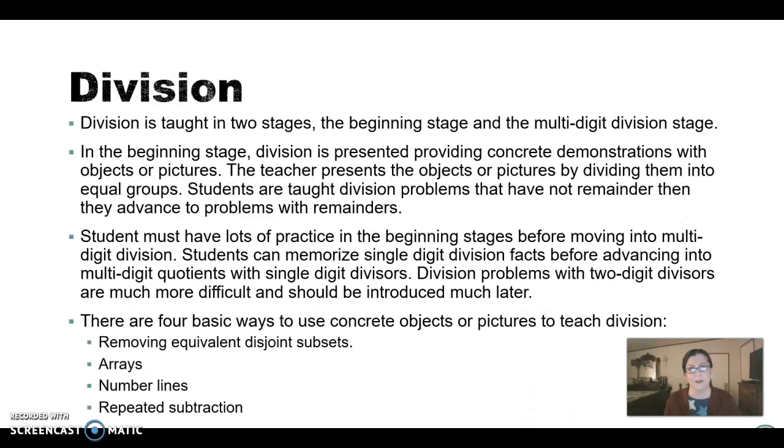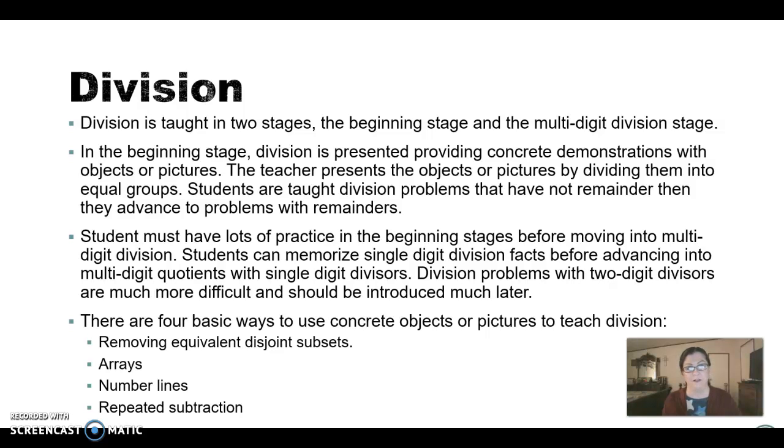For division, it is taught in 2 stages as well: the beginning stage and then the multi-digit division stage. In the beginning stage, division is presented providing concrete demonstrations with objects or pictures, and then the teacher presents the objects or pictures by dividing them into equal groups. Students are taught division problems that have no remainder in the beginning, and then they advance to problems with remainders.